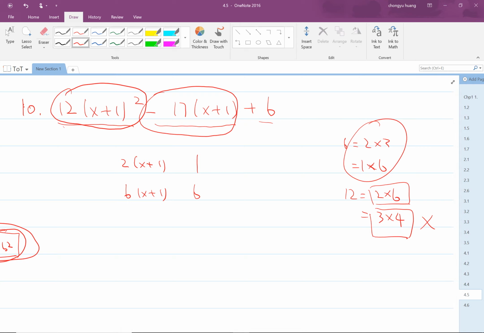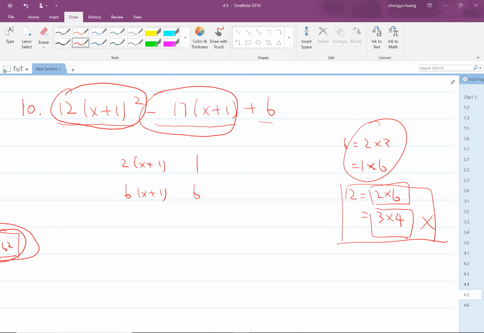Okay, so over here the question is 12x plus 1 squared, and what we have is 12 equal to 2 multiplied by 6. Those are the combinations we can choose: 12 is equal to 2 multiplied by 6 and 3 multiplied by 4.